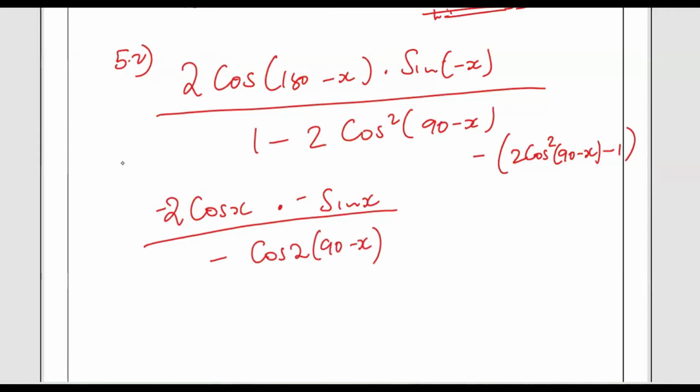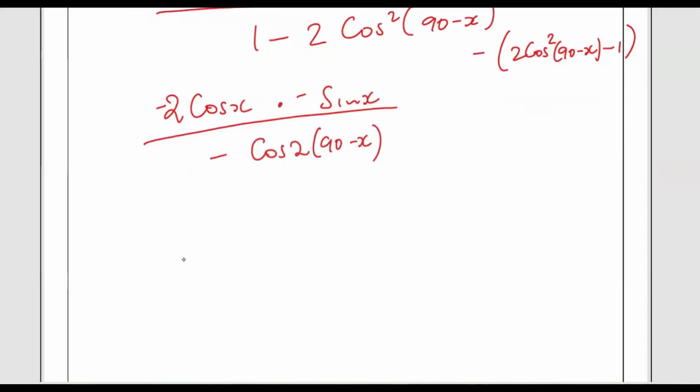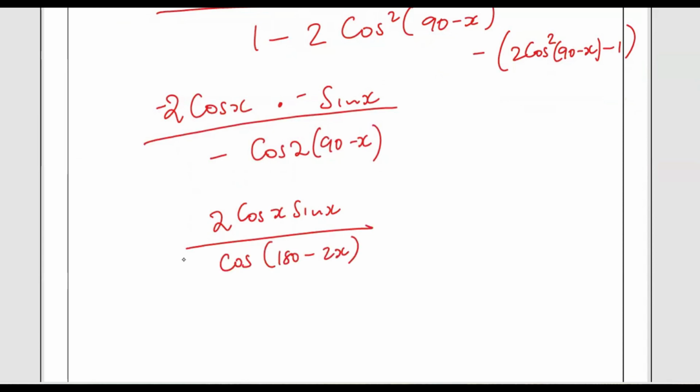Then I know that in the top, it's going to change to 2 cos x sine x over the cos of 180 minus 2x. Okay, so that is a positive. We have a negative down there.